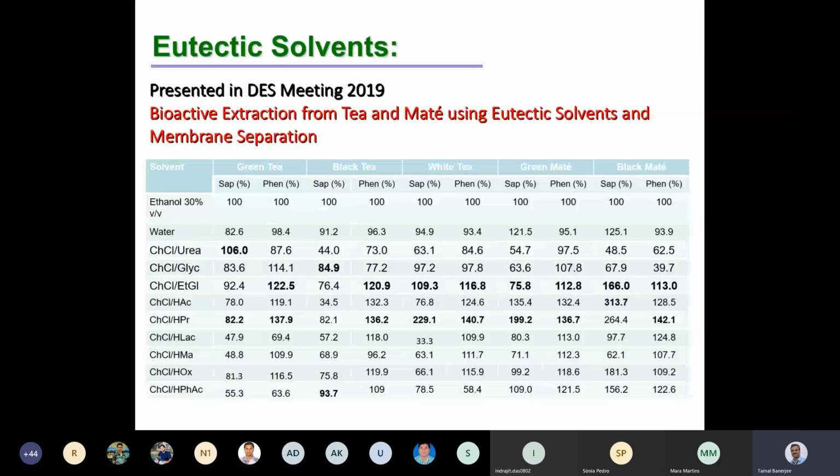So we tried the same approach with the eutectic solvents using choline chloride, and some results are good, depending. I want the two, not only saponins, but saponins and phenolic compounds. So we are going to evaluate the two, comparing with ethanol and water, but I use the ethanol solution as 100%.